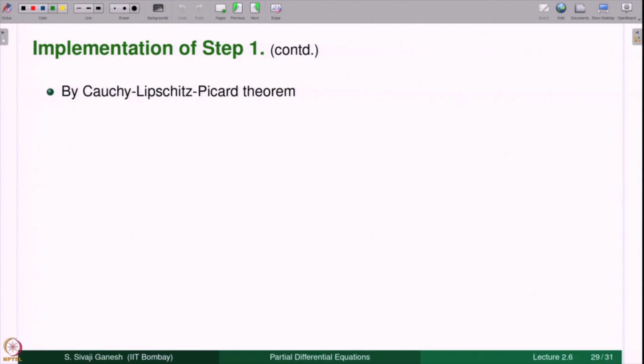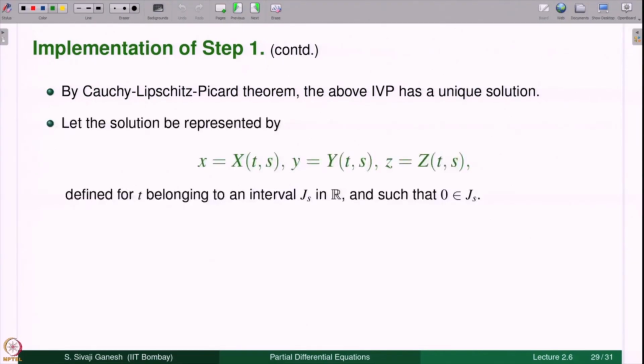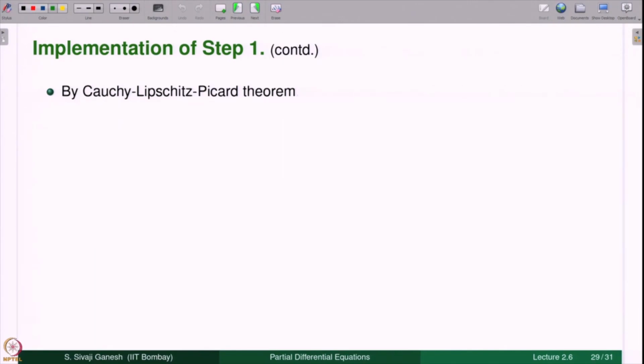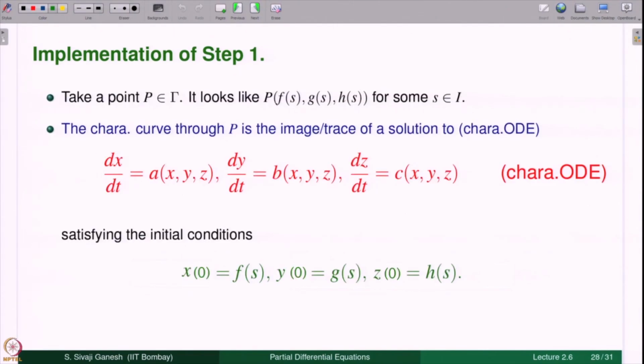By the Cauchy-Lipschitz-Picard theorem, we are assuming A, B, C are C1 functions, they are locally Lipschitz, the IVP will have a unique solution. Let the solution be represented by this notation, x equal to capital X of (t, s), y equal to capital Y of (t, s), z equal to capital Z of (t, s). Of course, ODEs were in the variable t, then why are we writing s here? It is because the characteristic ODE we have solved using initial conditions which depend on s.